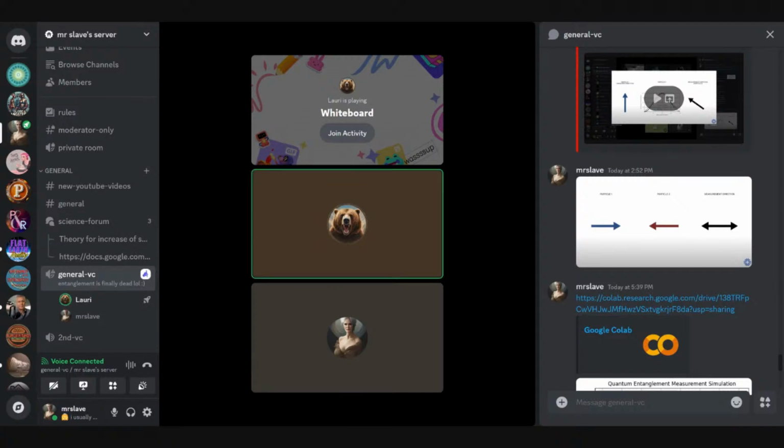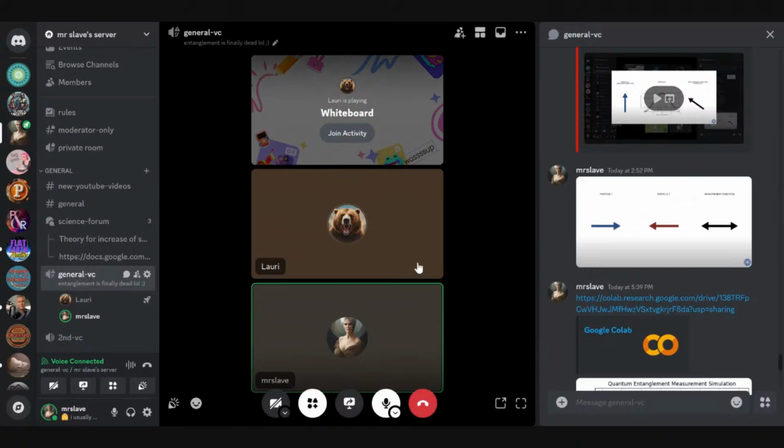But how is this then in any way related? Shouldn't we be comparing the angles of the two particles with each other? No, that's not at all what we're doing. Each particle is its own.